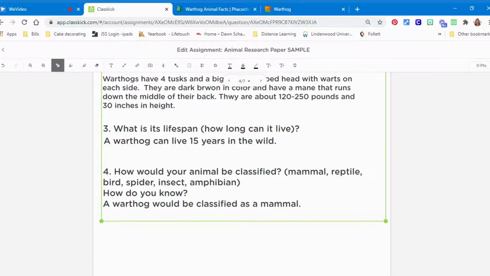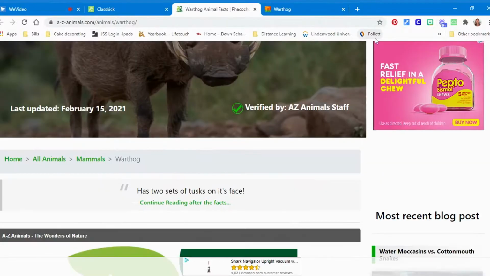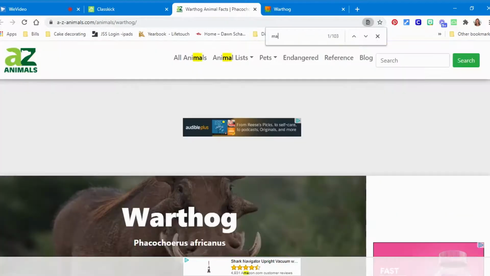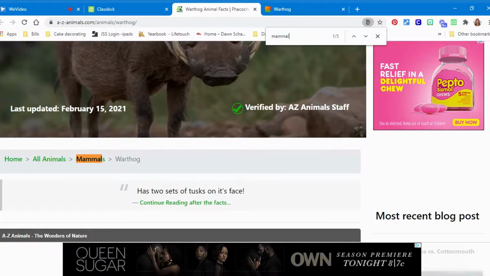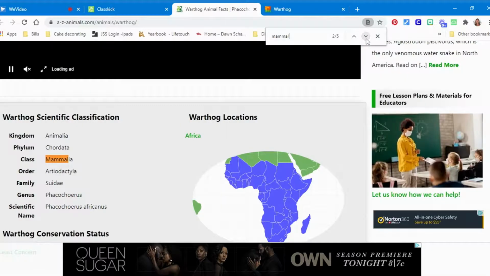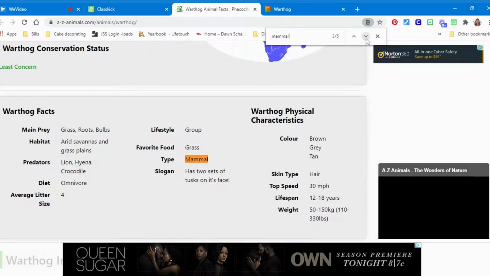So I still need to answer the question, how do you know? So I know that National Geographic doesn't give me very many facts. And so I'm going to go back to A to Z. So I'm going to help myself out by doing Control F and typing in the word mammal. And I see that it came up with 5 selections. Well, there it says that it's in the category of mammal. And there it says it again, type mammal.